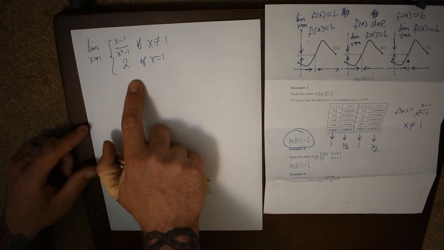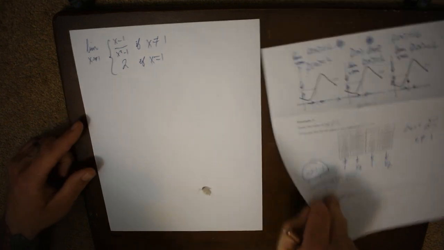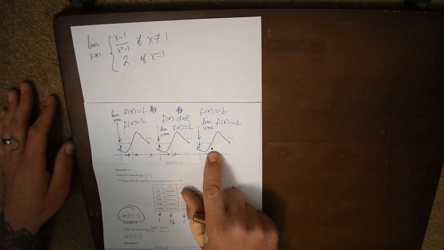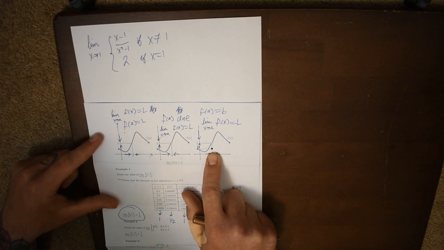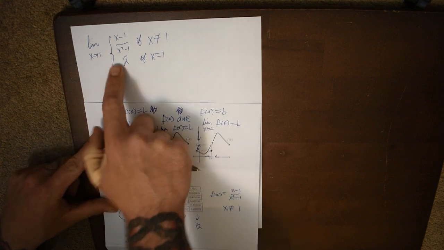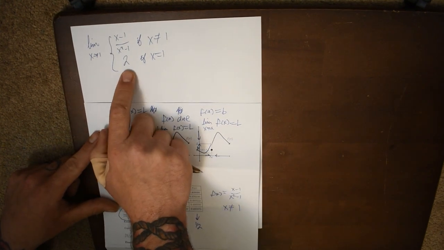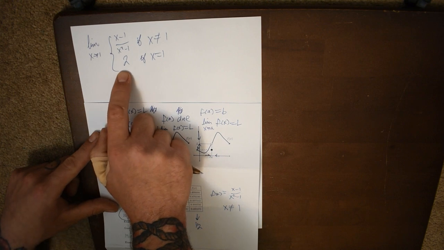This piecewise defined function has a jump discontinuity, or a removable discontinuity. It's got a dot beneath the graph, or above the graph. But it doesn't matter that this piecewise defined function is now defined when x is equal to 1.